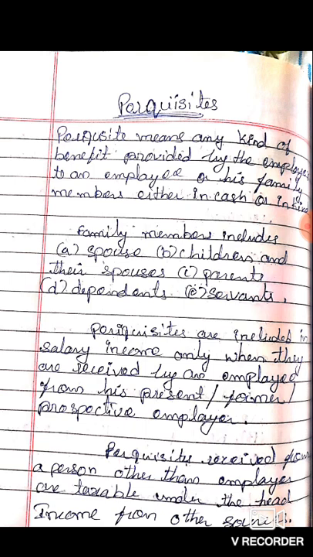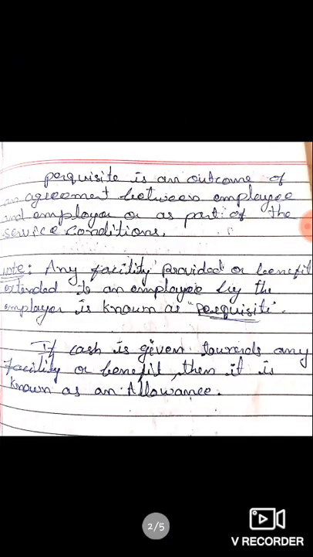Perquisites received from a person other than the employer are taxable under the head income from other sources. So perquisites are treated as salary only when the employee receives them from the employer, but if any perquisites are received from others, then these are treated as income from other sources.